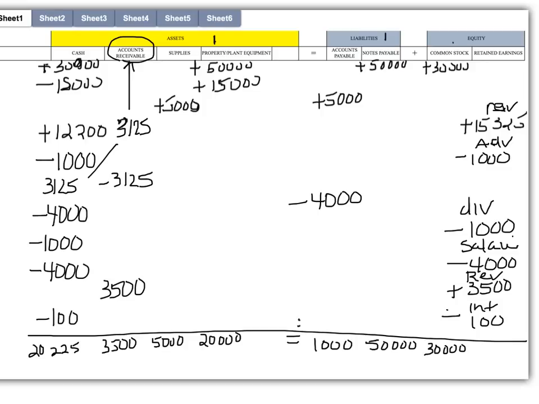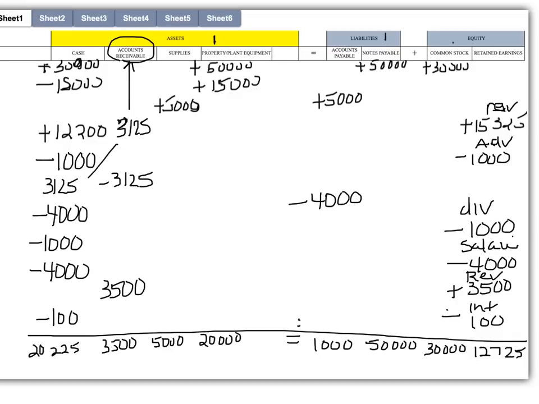We have 15,325 minus 1,000 minus dividends of 1,000 minus salaries of 4,000 plus 3,500 of billed to customer minus 100 gives us 12,725. Now what we have to do is let's double check to make sure that our equation balances before we go on.